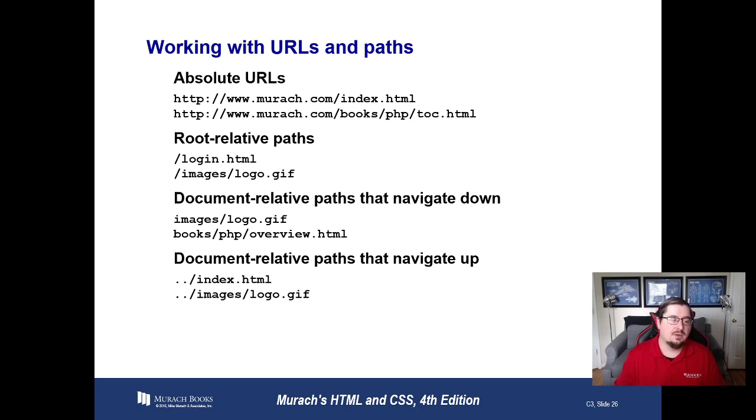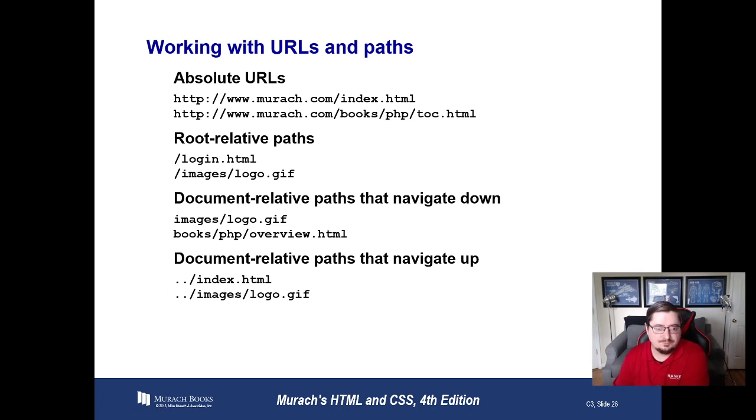So if I am inside of books PHP already, this would refer to books PHP / images/logo.gif. It would be relative to where the file already is. Same way here, if this was inside of the books PHP folder, this would refer to another step down in the books PHP folder.